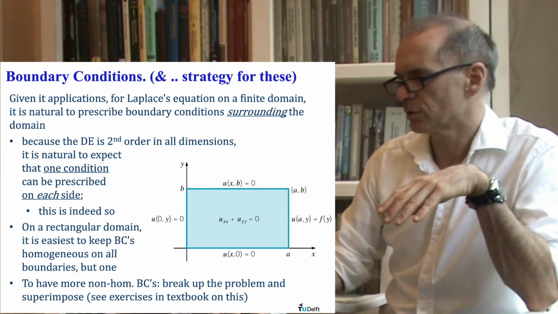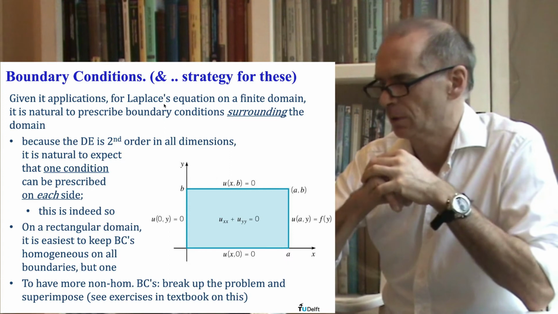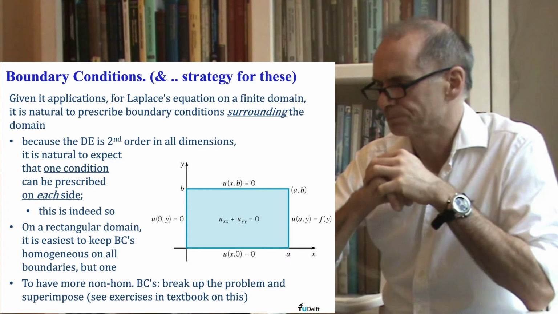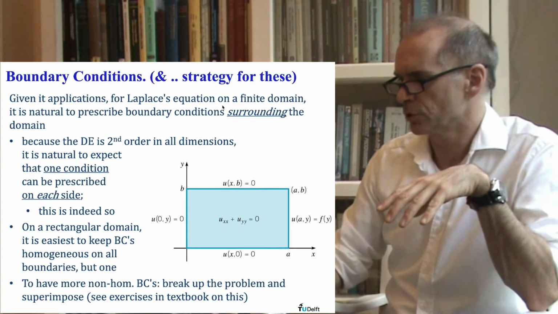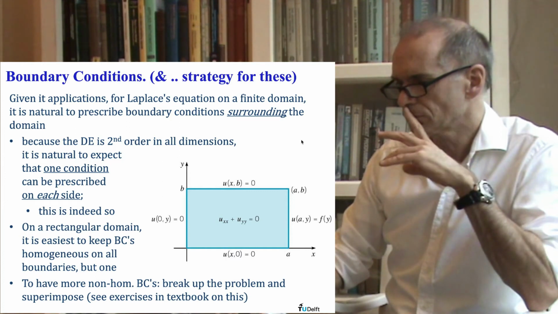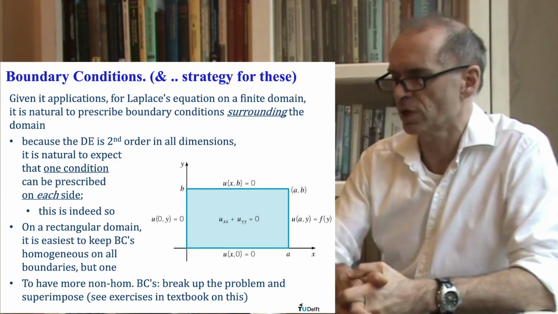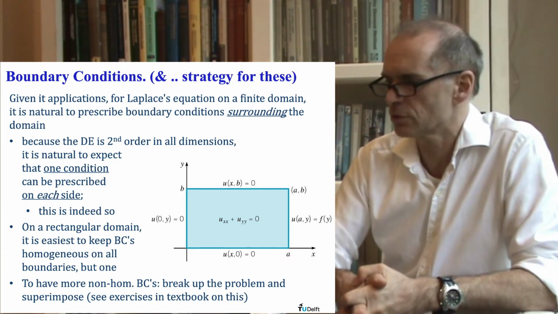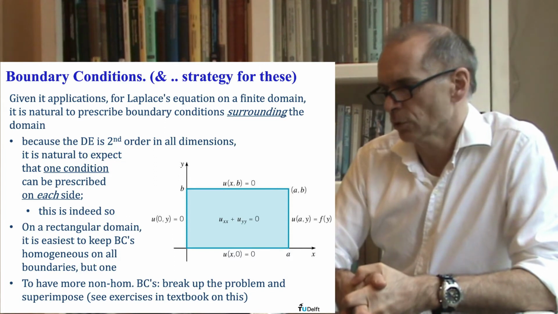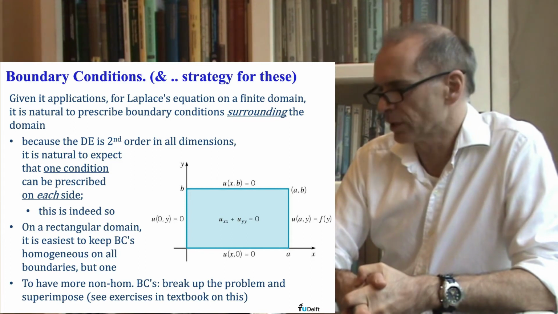But here it's different, given the applications for Laplace's equation, it is common to describe boundary conditions surrounding a domain. Now and then again, because the differential equation here is second order in all of its dimensions, it is natural to expect that you might prescribe one condition on each side of the domain.